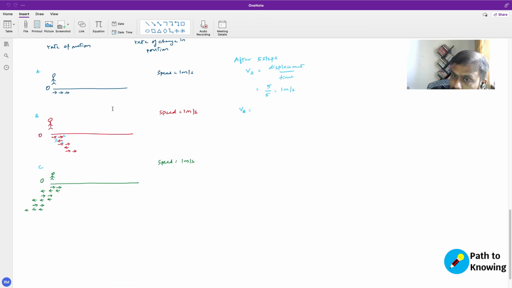So after taking the fifth step, the change in position is going to be 3. So which means velocity of B is equal to 3 over 5, which is equal to 0.6 meters per second.